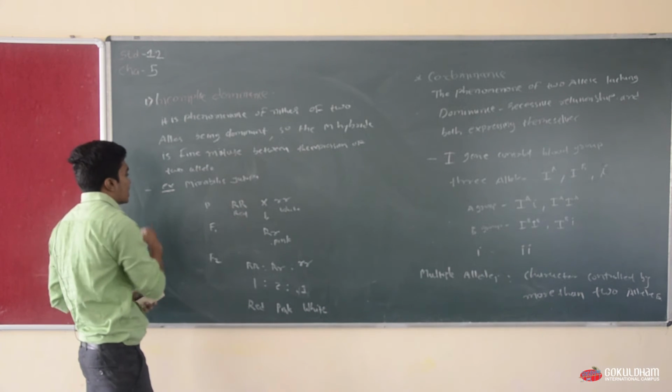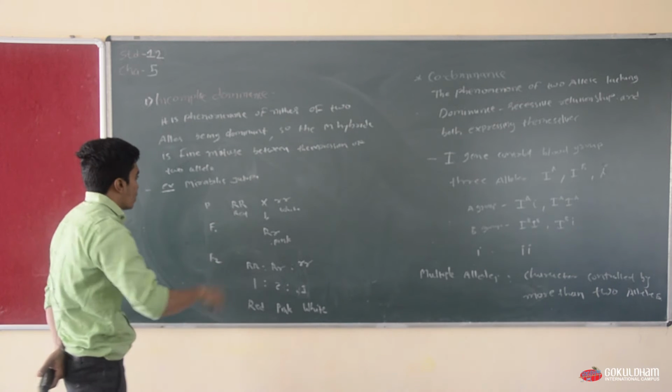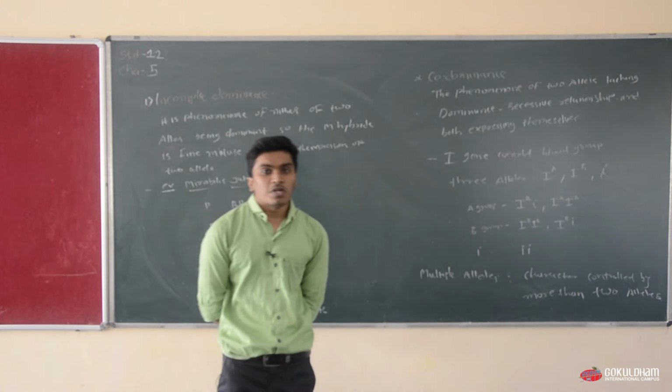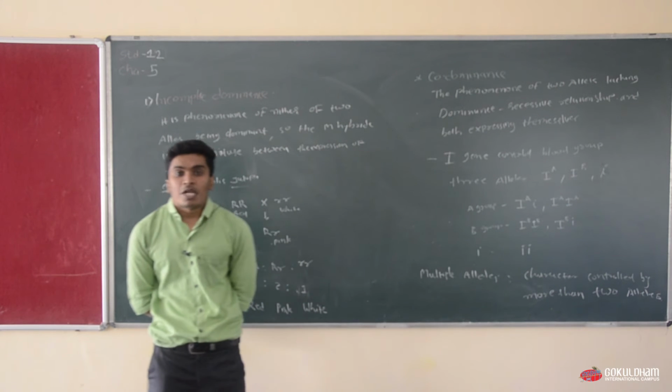The best example of incomplete dominance is Mirabilis jalapa, in which three different colors of flowers occur.